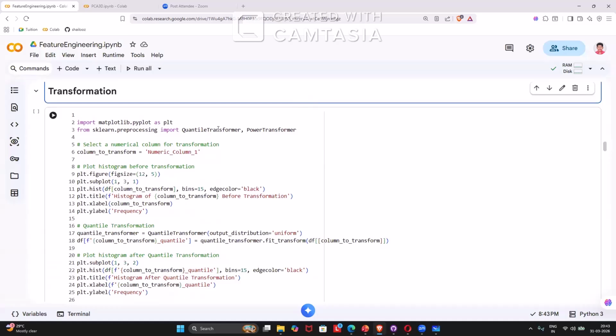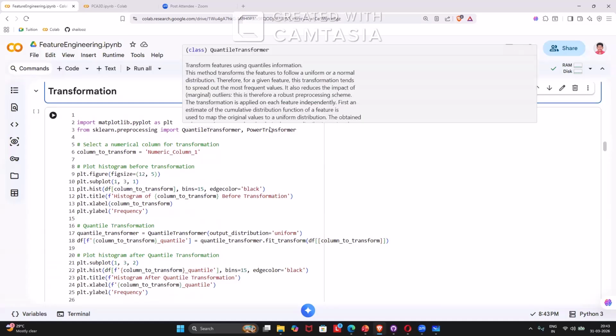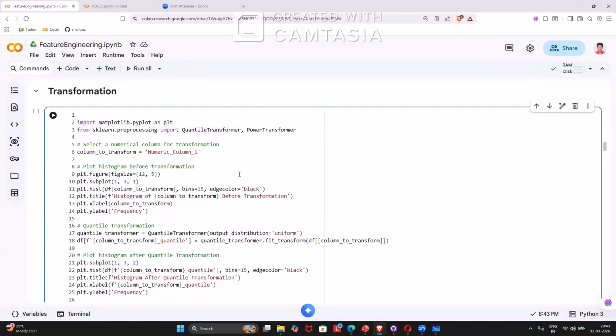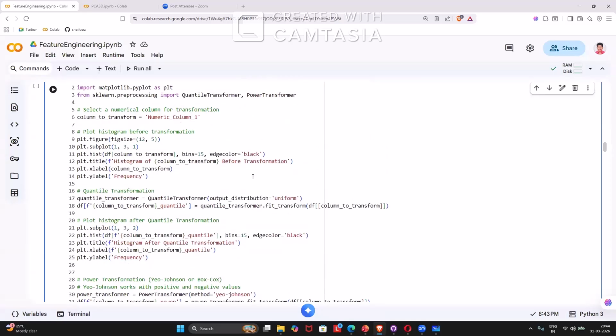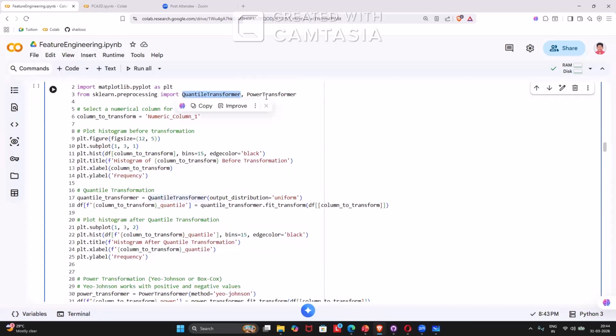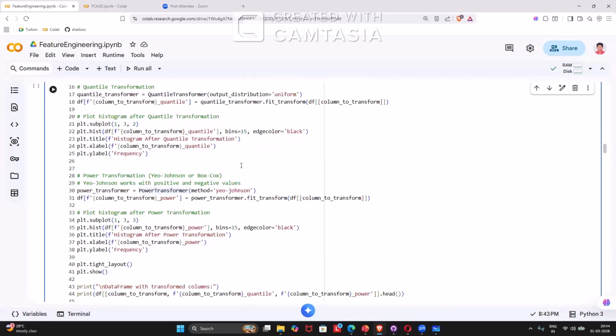There is something called quantile transformation and something called power transformation. These are all small equations that make data into another form. Here I am demonstrating the quantile transformation and power transformation.